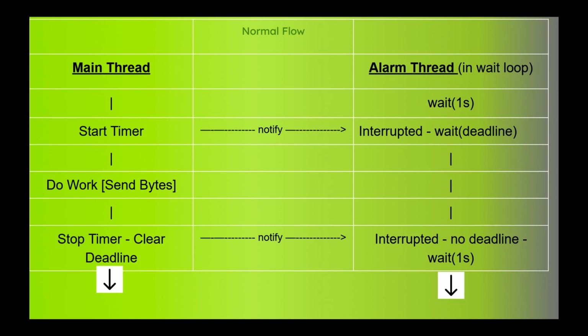So the first thing we do is notify it and tell it, here's our deadline, right? We need to be woken up in 10 seconds or something to time out. Then we do some work, and we send a stop. It sends a notify to stop it, because it's done. It clears the deadline and sets it back to its wait loop of just 1 second. So that's the normal flow.